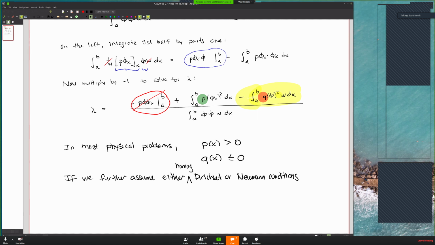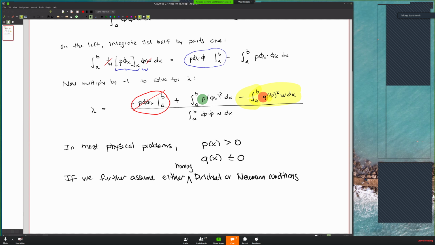If Q is negative, this term will be strictly positive. There's no way to make this 0 if phi is a non-zero eigenfunction. So phi squared will be positive, Q will be negative, and you'll have this minus sign. And so this will be strictly positive, and you will have no 0 eigenvalues.